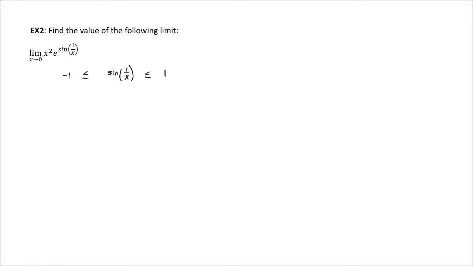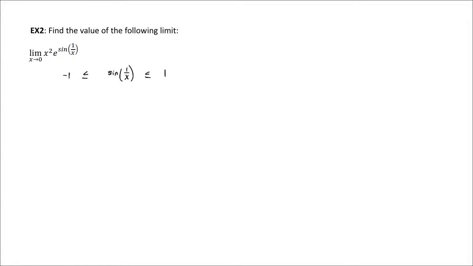So let's build the function in the middle in stages. What would happen if I exponentiate every single side of the inequality? Exponentiating means I will be considering e to this expression, e to 1, and e to the negative 1. And I'm thinking of exponentiating because this is what I have here as part of my function.